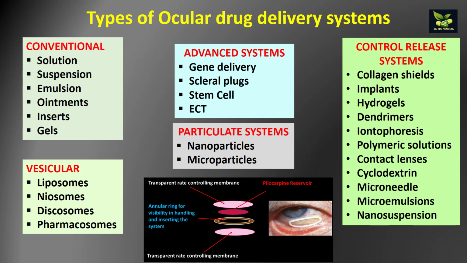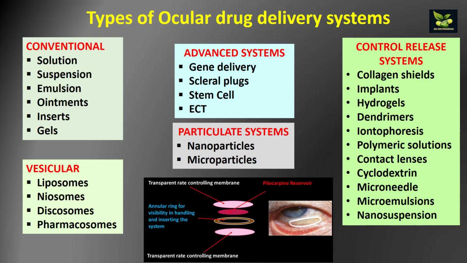Then comes types of ocular drug delivery systems or controlled ocular drug delivery systems. Conventionally, for ophthalmic drug delivery systems, there were solutions, suspensions, emulsions, ointments, inserts, and gels. But in novel systems, there are vesicular systems like liposomes, niosomes, discosomes, pharmacosomes.